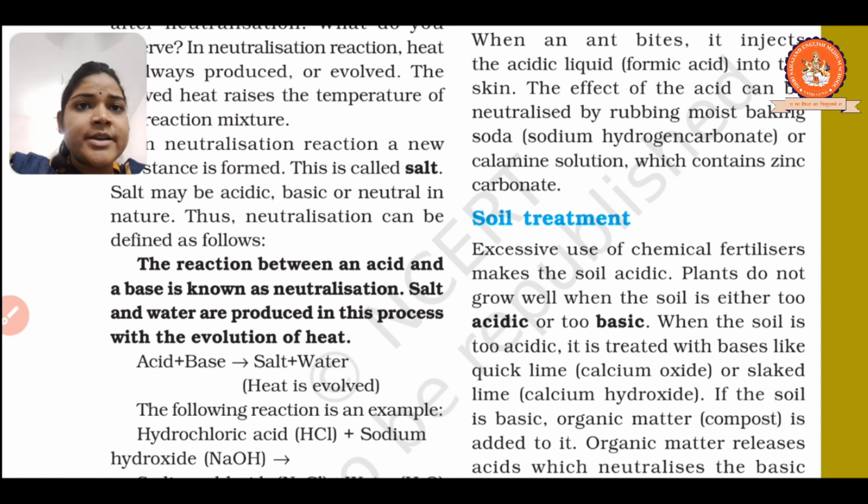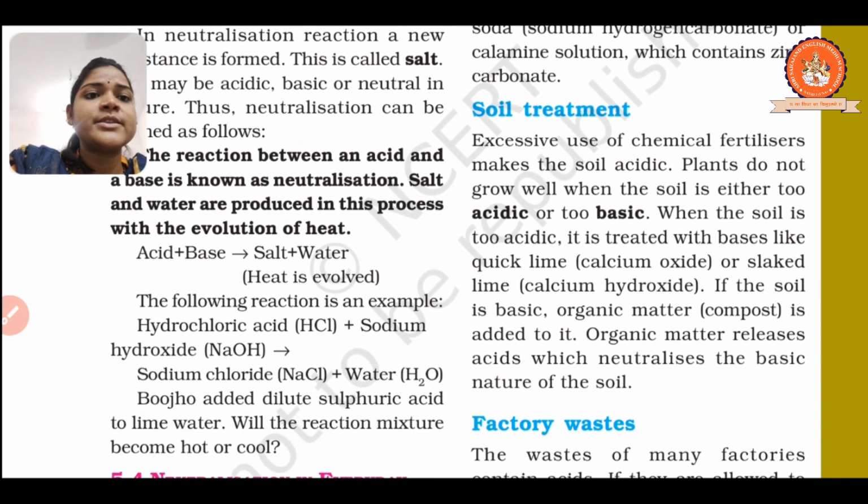In our Junagadh, I think you know, the agriculture department determines which soil is acidic or basic in nature. Then they suggest to farmers to use acidic or basic matter to neutralize their soil.